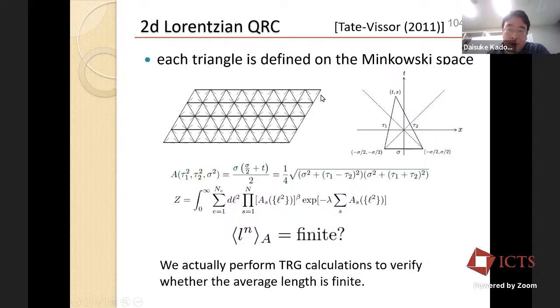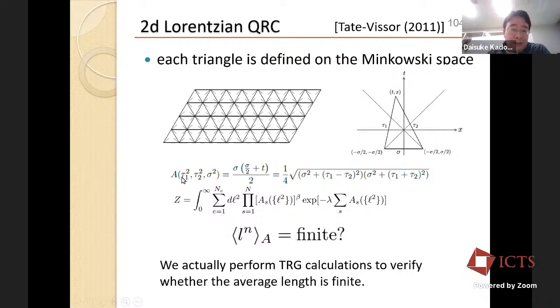So they also expected that the average edge length stays finite, because sigma cannot go to infinity while keeping the area fixed.